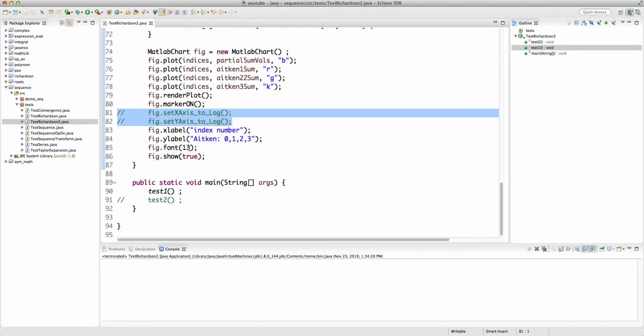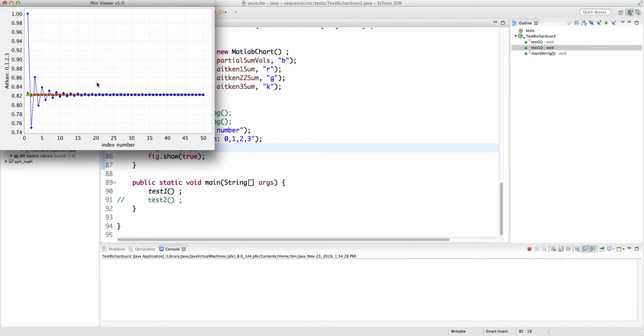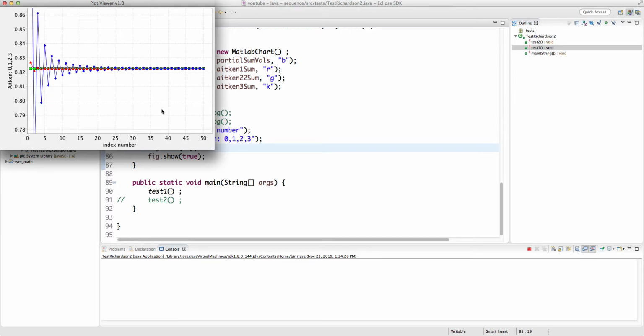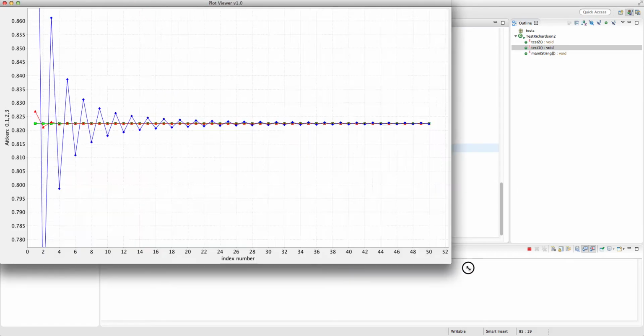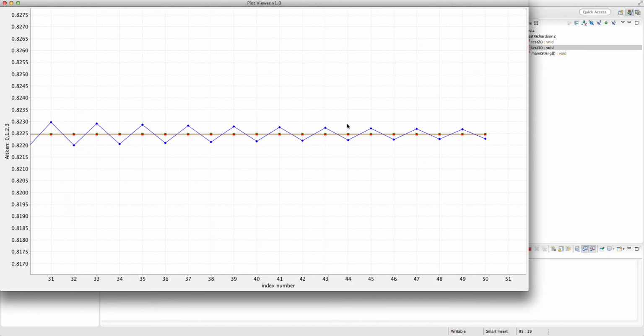And maybe let's increase the font size to 15. Alright, so obviously the blue is the original sequence, and we definitely see the oscillatory behavior, but that's a convergence behavior, right? The terms are oscillating around the limit, the terms of the partial sum.